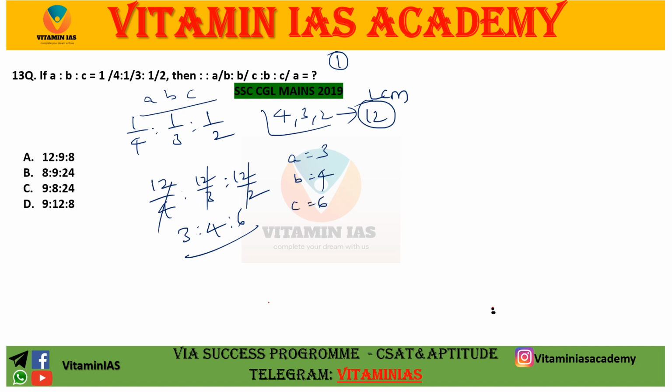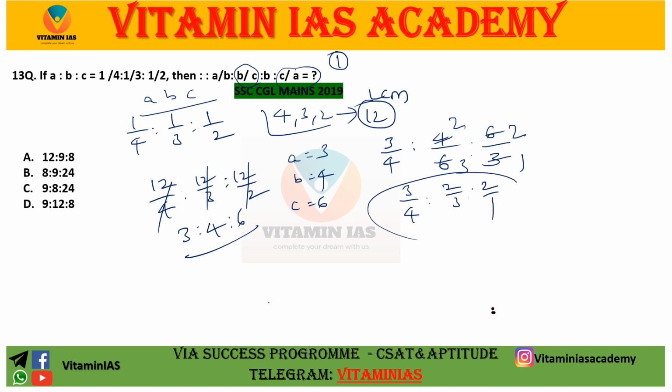A by B means 3/4, and B by C is 4/6, and along with that C by A. C how much? 6 by 3. Means 3 by 4, 2 by 3, 2 by 1.